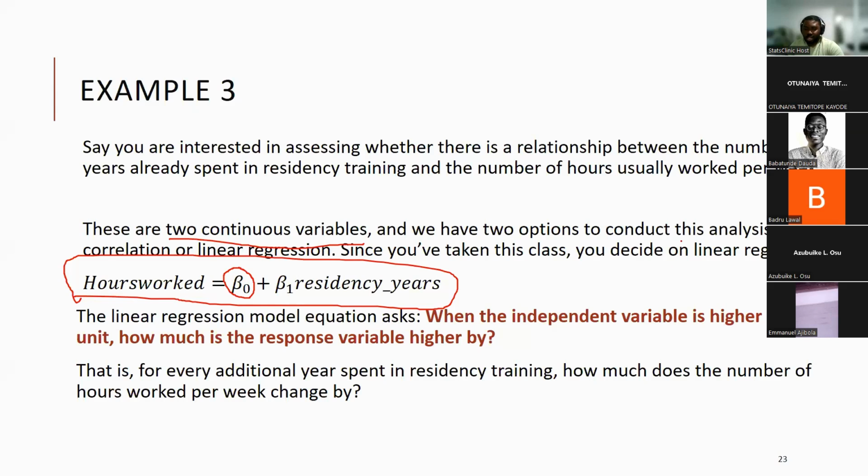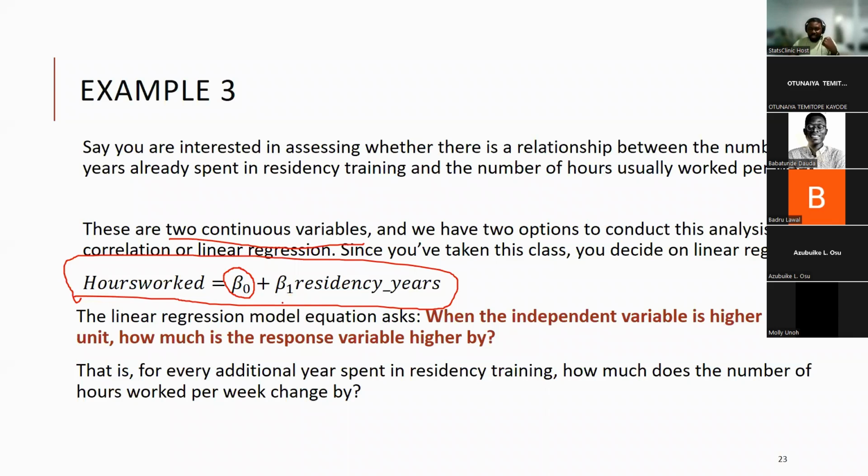Can you tell us what beta 1 is? Like you said, that's the intercept, and that's the number of hours a resident will work even if the person starts on day 1. Excellent. So when the residency years is 0.